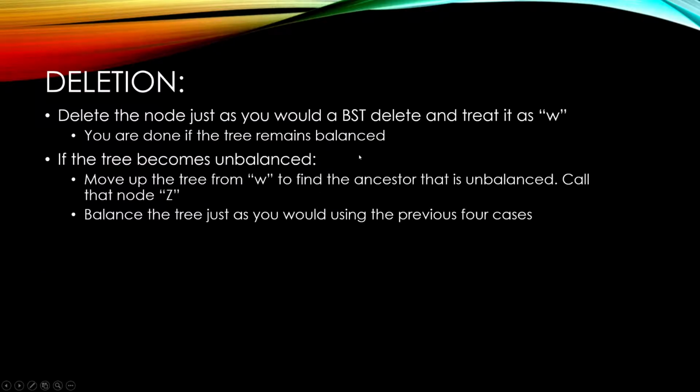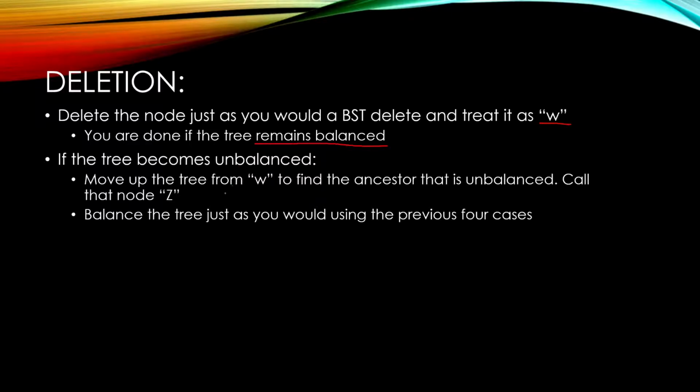Moving on. Deletion, which is pretty much very simple. The node to be deleted is W. Delete it as you would in a regular binary search tree, and then if the tree stays balanced, you're done, as with insertion.